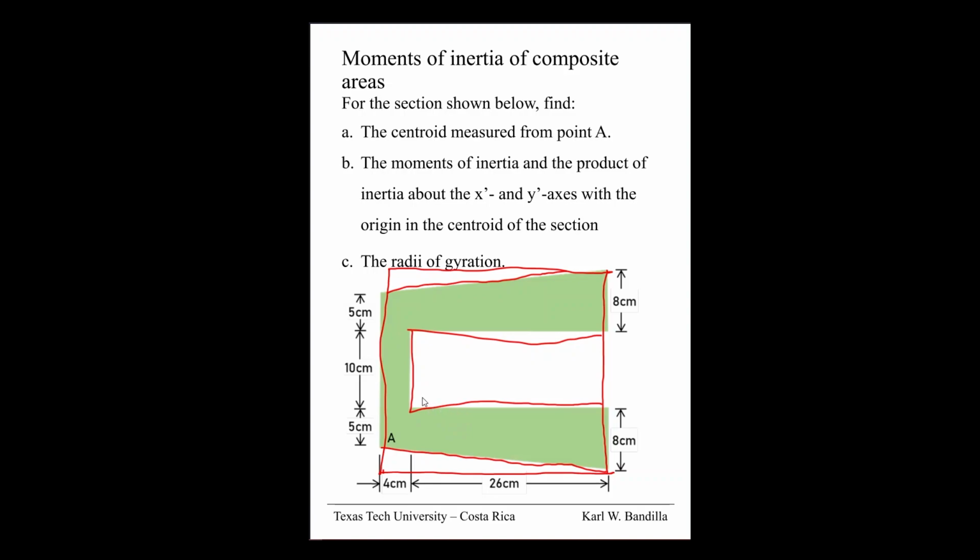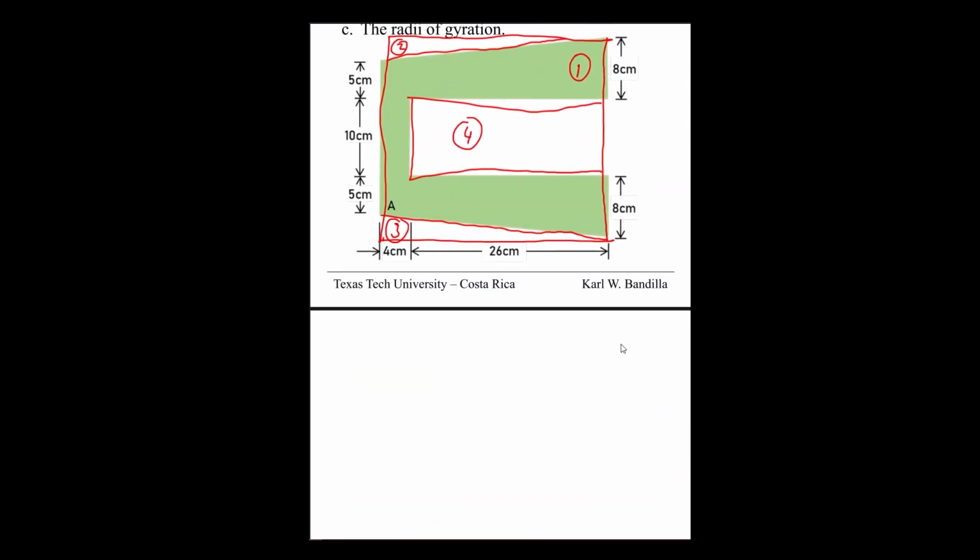So we are going to break this apart. We're going to say the overall rectangle is 1. This little one is 2, I'm sorry. This one is 3, and that one is 4. So maybe just to get ourselves going here, we'll do it in blue. We can have our 3 shapes.